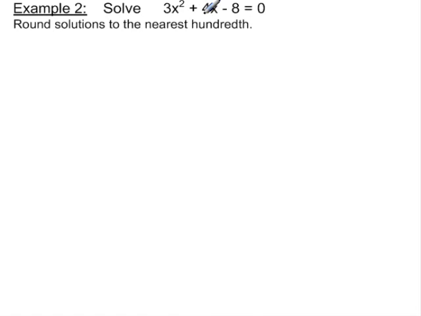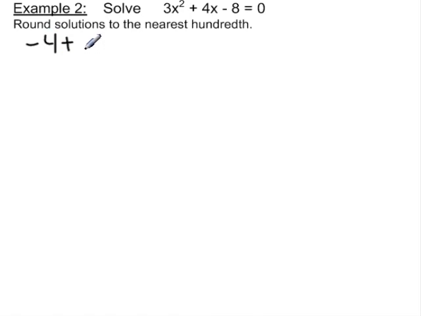Okay, so the first thing is negative b. Here's b, which is a positive 4. So negative b is going to be a negative 4. Okay, we're going to start with plus. Don't forget, we're going to have to redo this with a minus in a second.